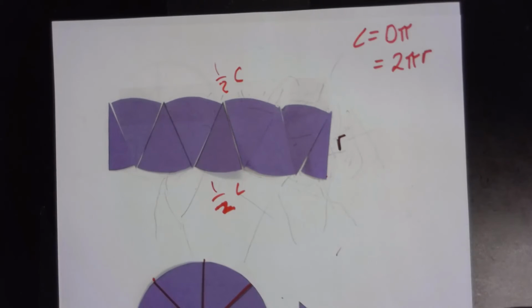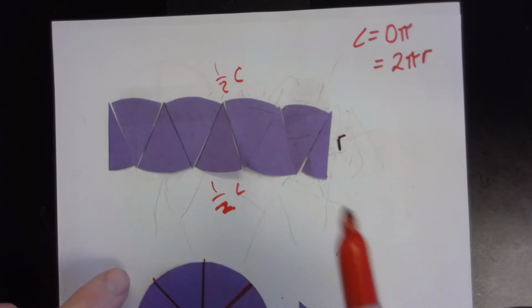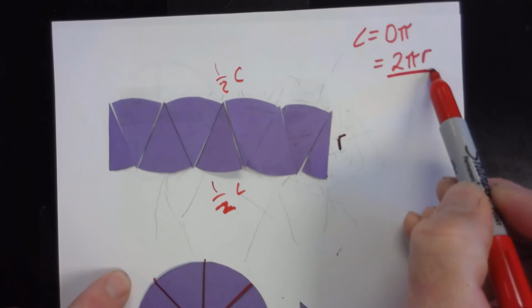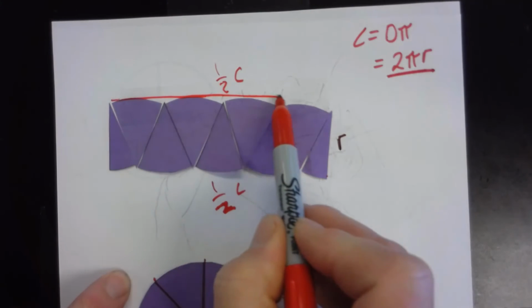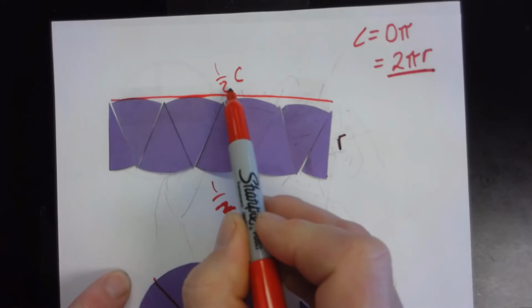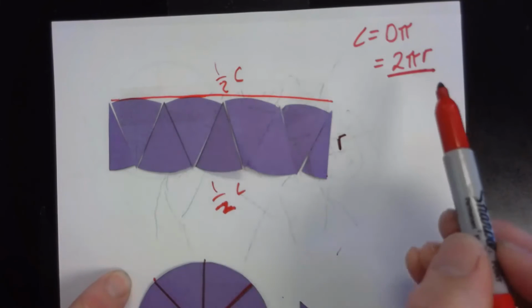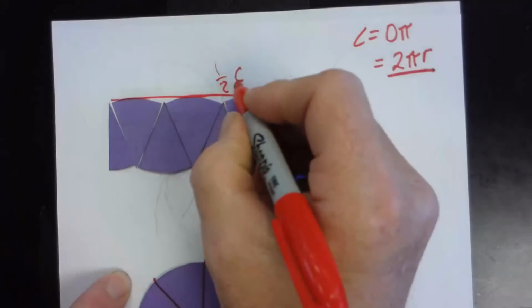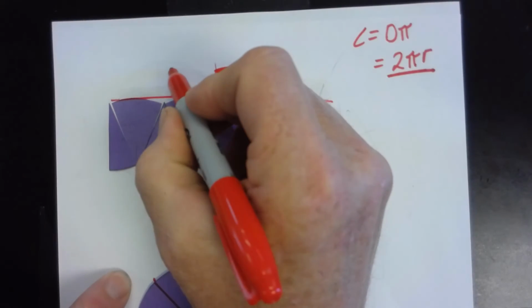So if the circumference is 2 pi times the radius and this distance across the top is half of that, what would half of 2 pi r be? 1 pi r. Awesome.